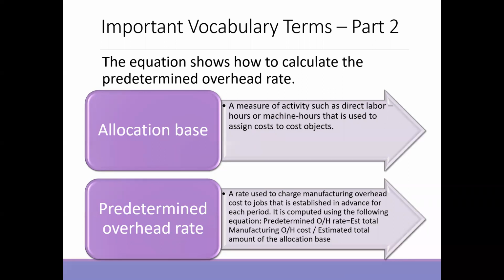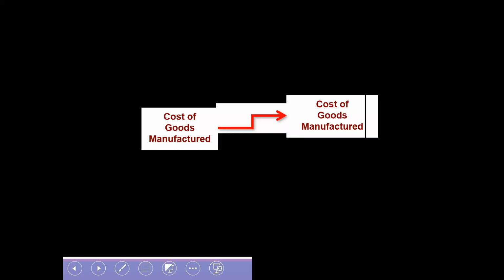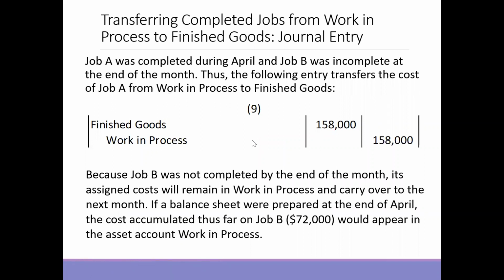And utilizing the allocation base, be it direct labor hours or machine hours, allows us to accurately take that manufacturing overhead and apply it to specific jobs.